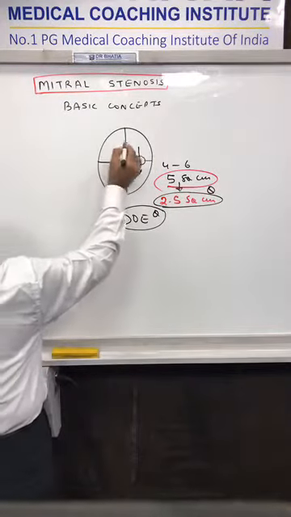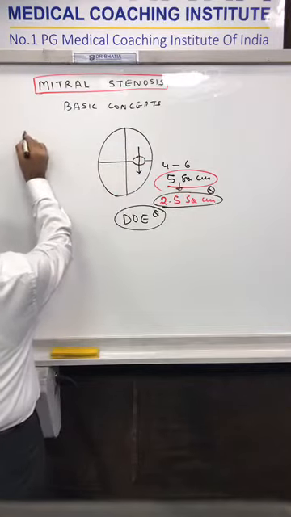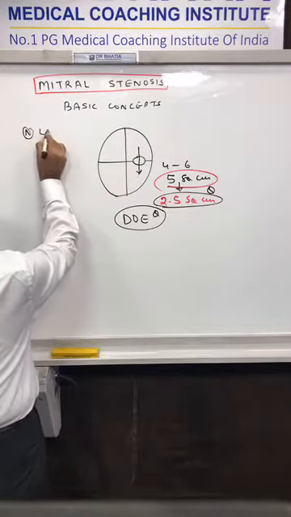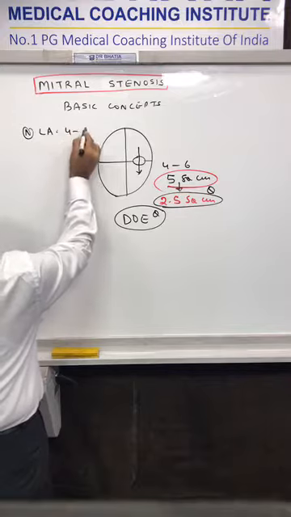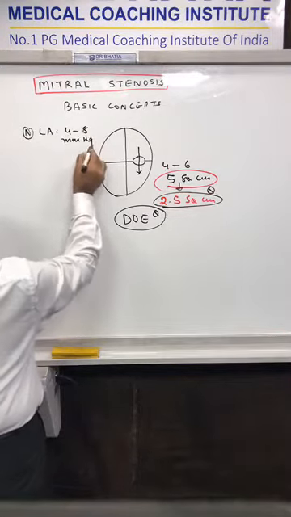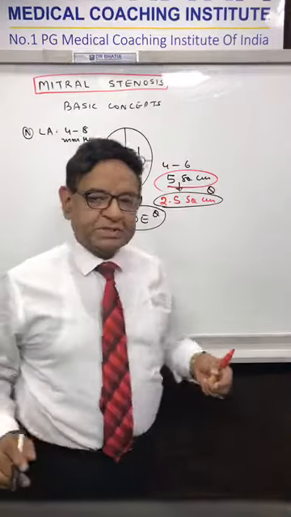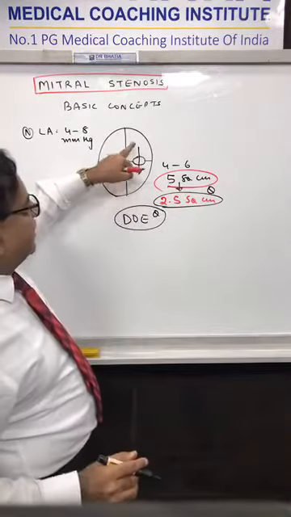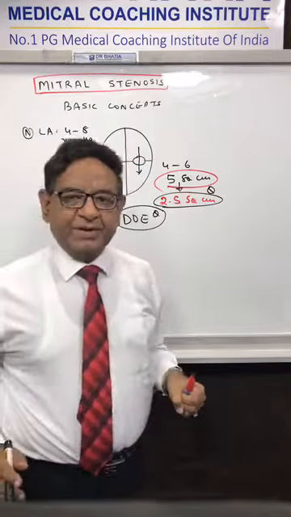Normal LA pressure is 4 to 8 millimeter of mercury. But as the obstruction is there, blood will accumulate in the left atrium.